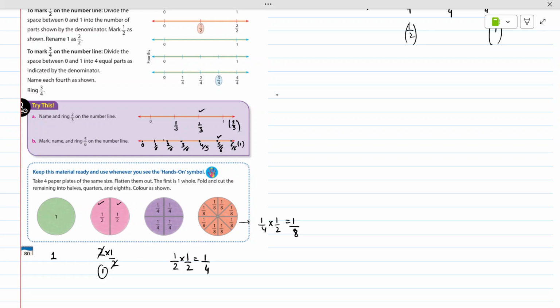They have divided this into 2 equal parts, two halves, so 1 by 2, and then this half into more halves, and then again half. So this is how we have got the different fractions in a single circle.